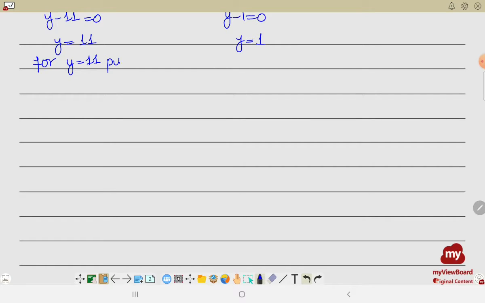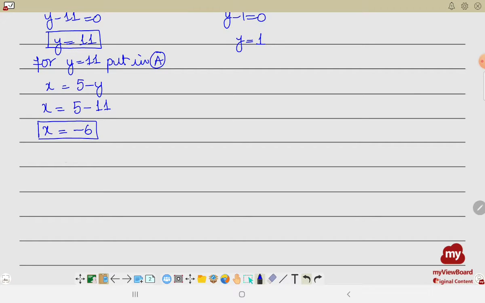Put in A, x is equal to 5 minus y. So instead of y, we'll write 11 and x is equal to minus 6. So y is equal to 11, x is equal to minus 6. The ordered pair here will become minus 6 and 11.